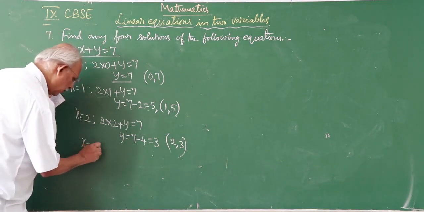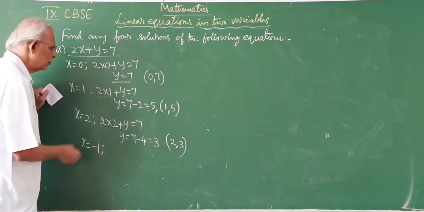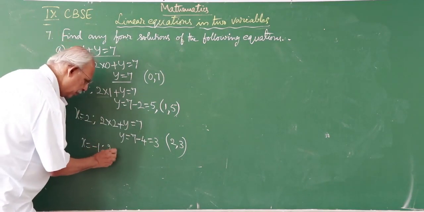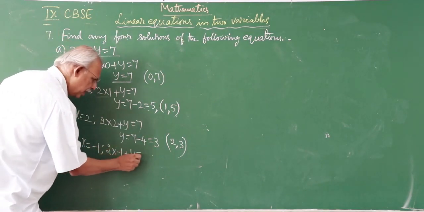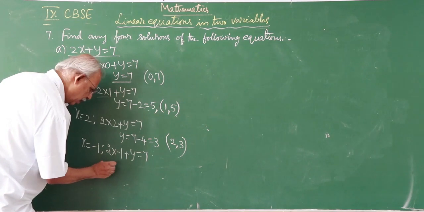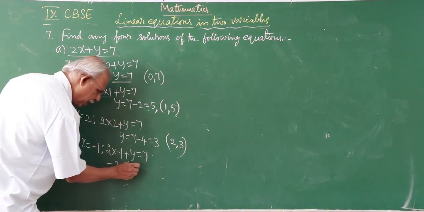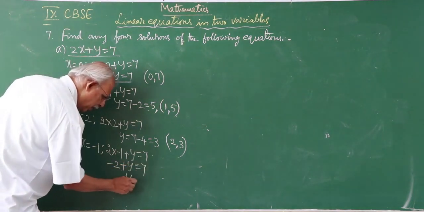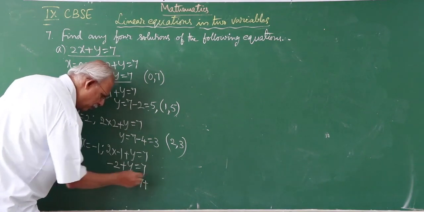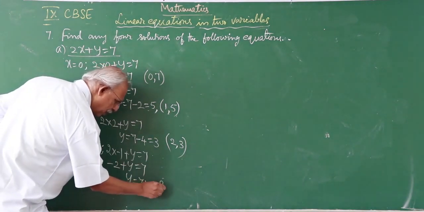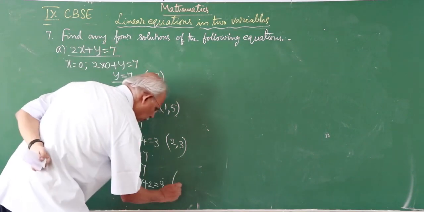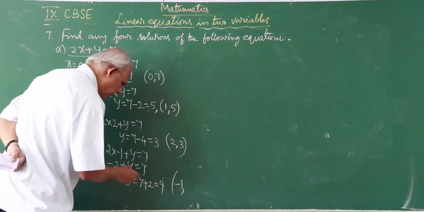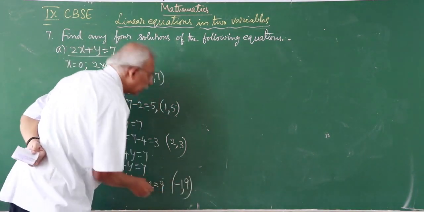Now, take x equals minus 1. Now, 2 into minus 1 plus y equals 7. This is minus 2 plus y equals 7. y equals 7, minus 2 becomes plus 2. That is 7 plus 2 equals 9. Therefore, when x is equal to minus 1, y is equal to 9.